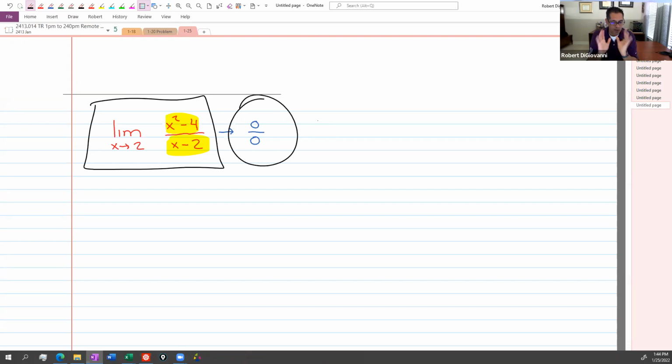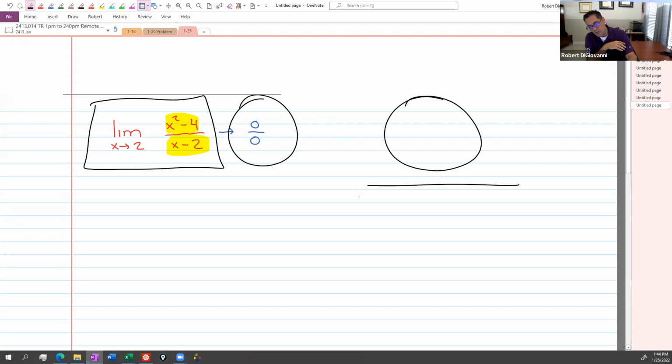How are we going to do it? Well, here's what we do. Anytime you have a limit from here on out for the rest of your life with calculus, and you try direct substitution and you get 0 over 0, understand, this is when you're taking the limit and letting x go to some number.